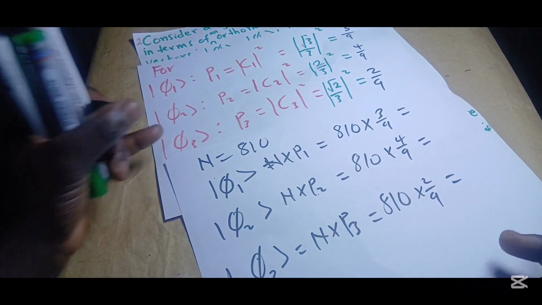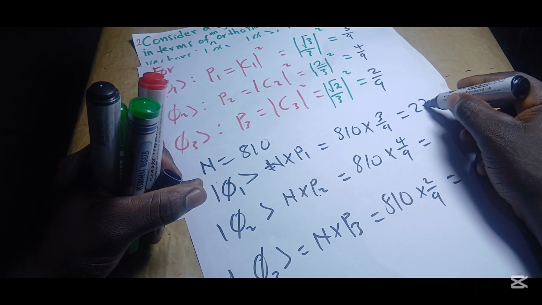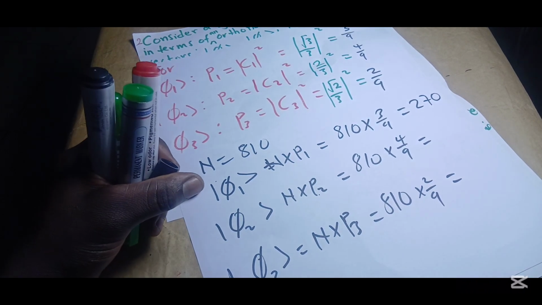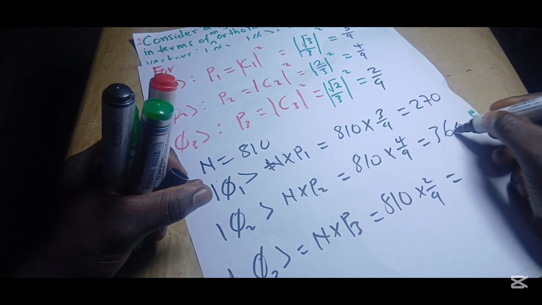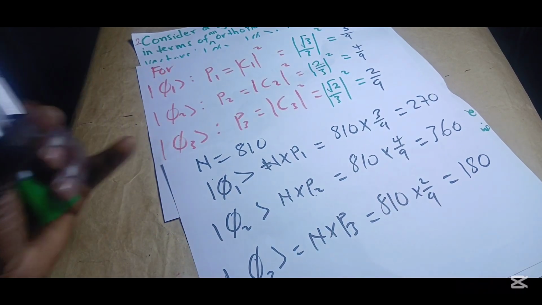What do we get? This will give us 270. This will give us 360. The last one will give us 180.